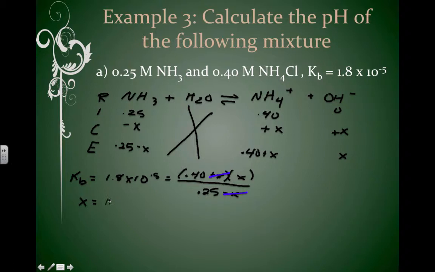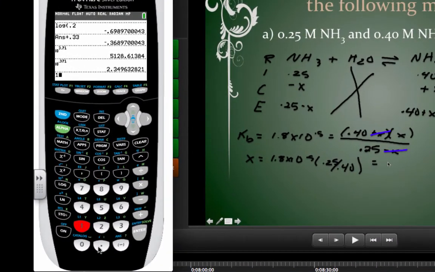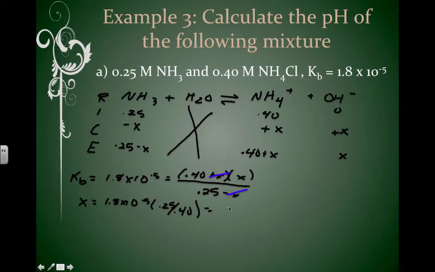So to solve for the value of x, I'm going to rearrange. x is equal to 1.8 times 10 to the negative 5 times 0.25 over 0.40. So we're going to put in 1.8 times 10 to the negative 5 multiplied by our ratio 0.25 over 0.4, and I put that in parentheses just to keep that all together, and I get 1.125 times 10 to the negative 5 molar.